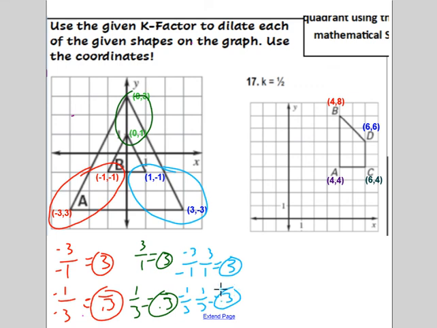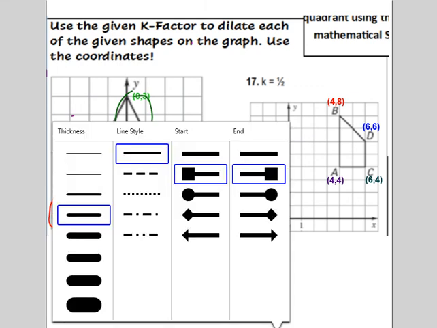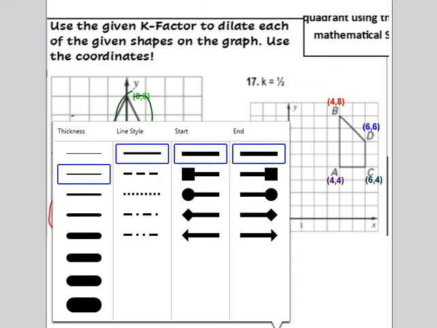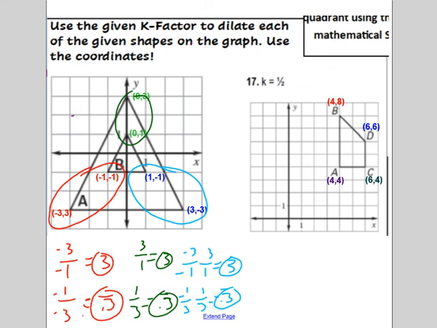Because the writing is getting kind of weird, I'm not going to put in the vertex value, but we can agree that should be 2, 4. If we take 6, 6, that should be 3, 3. Okay, 4, 4 should be 2, 2. And then 6, 4 should be 3, 2.